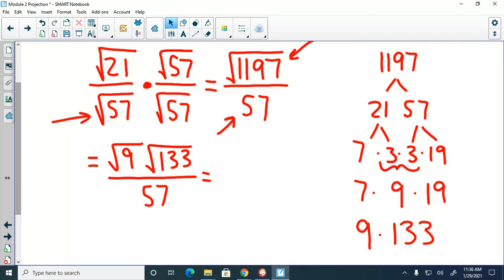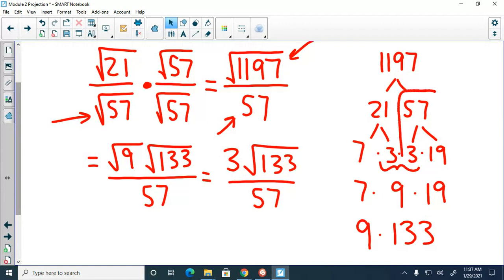Well, the square root of 9 is 3, so we can replace our square root of 9 with a 3. And now we have this, which is very close to being simplified, but 57 actually has a factor of 3. You could actually see that over here as well, that 57 is 3 times 19.